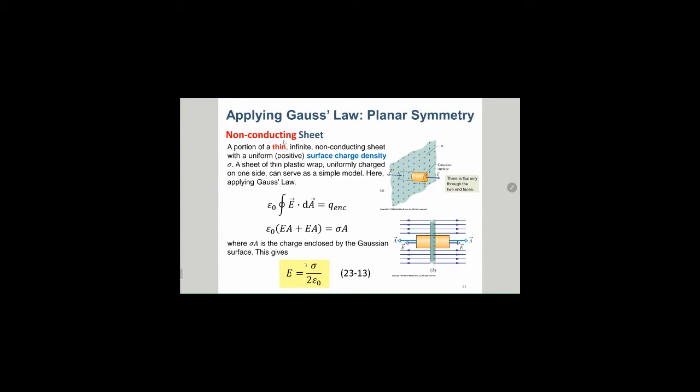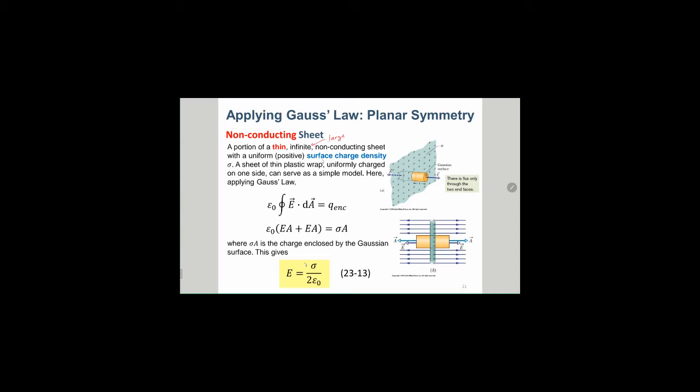It says a portion of a thin, meaning no thickness, infinitely large, non-conducting sheet with a uniform positive surface charge density. It can be negative. You just change this value to negative for negative surface charge density.